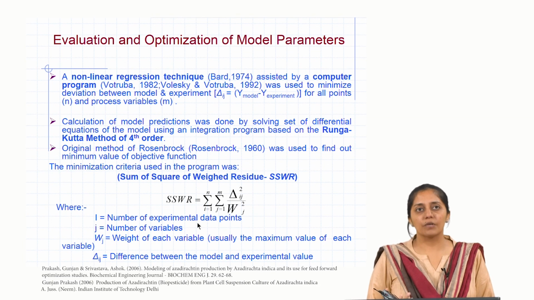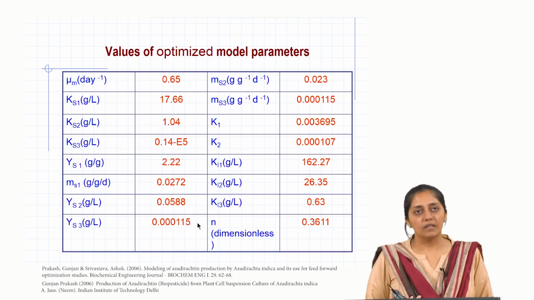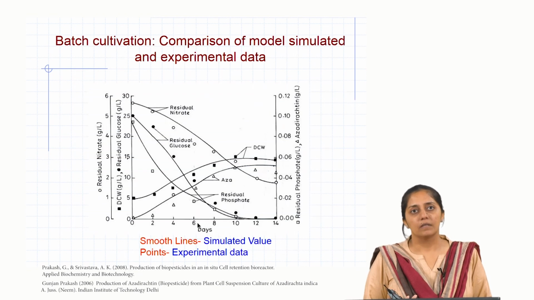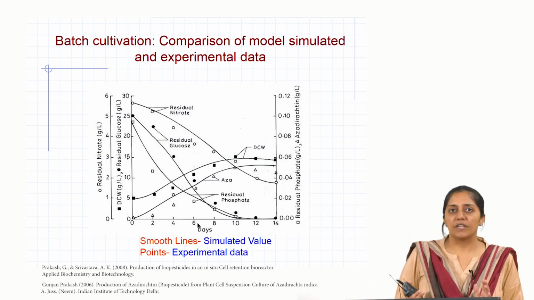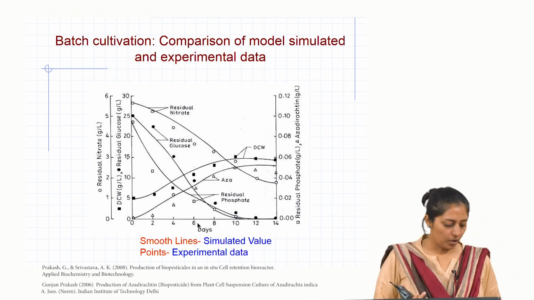This was based on the original method of Rosenbrock to find the minimum value of the objective function. These were the optimized parameter values of the model. This picture shows how the fitting was done using the batch kinetic data with the model.